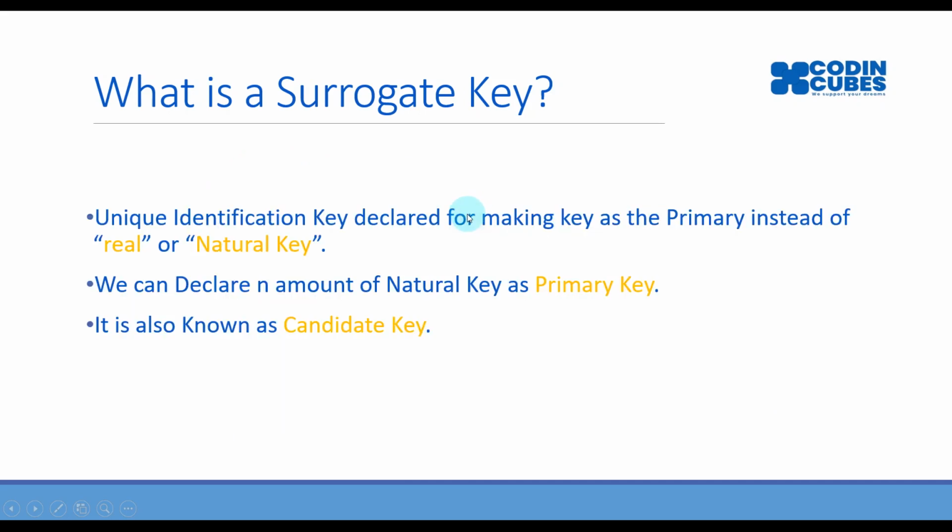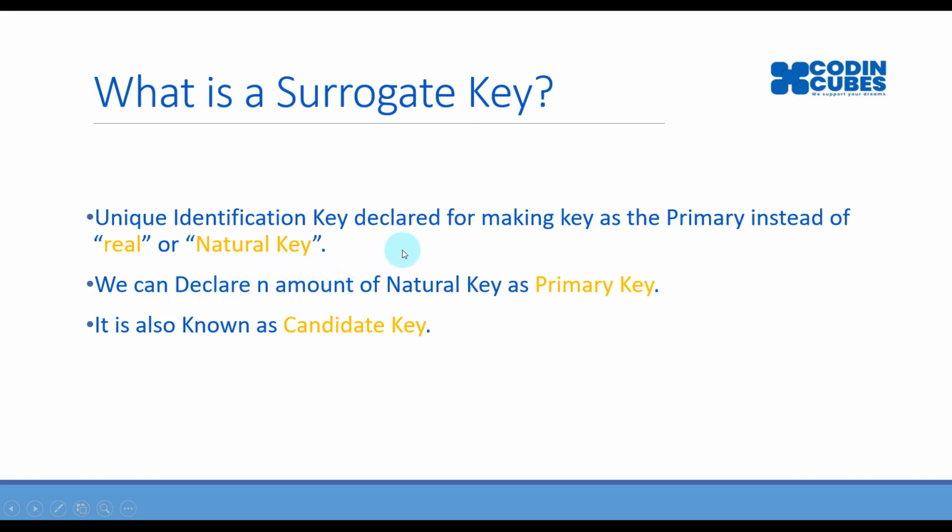Now we will be talking about the surrogate key. A surrogate key is just a unique identification used for declaring a key as a primary key instead of a real or natural key. As we know, there are various kinds of keys like real key and natural key.